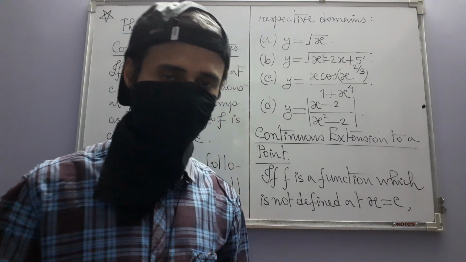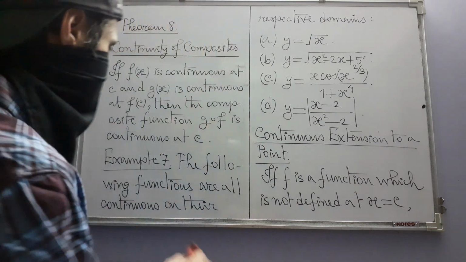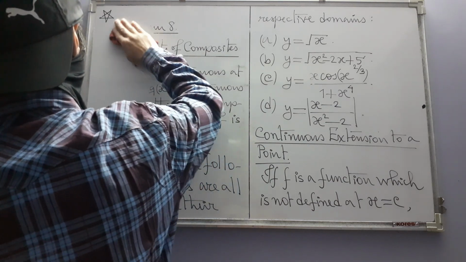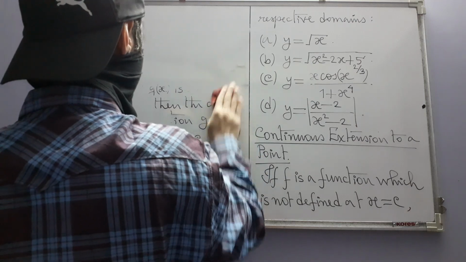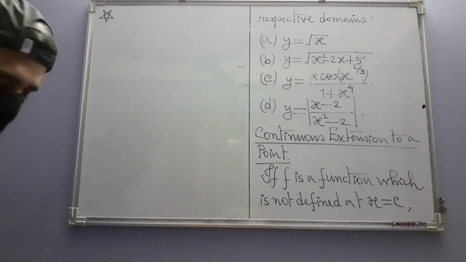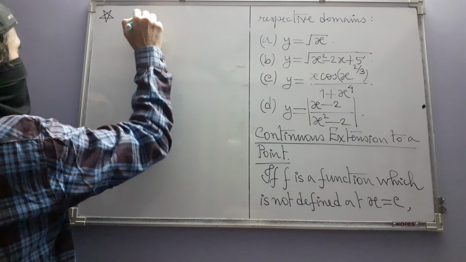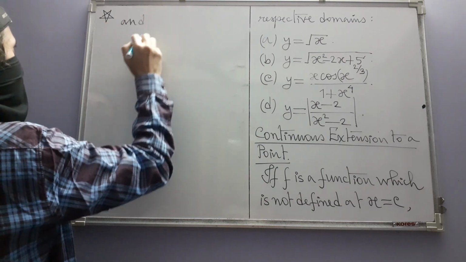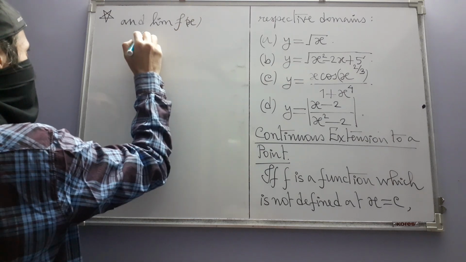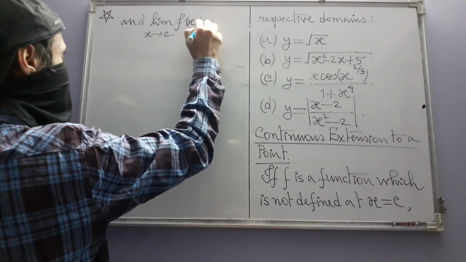F of C has no meaning. However, at C, f does have a limit. And the limit of f of x as x approaches C exists and is equal to L.